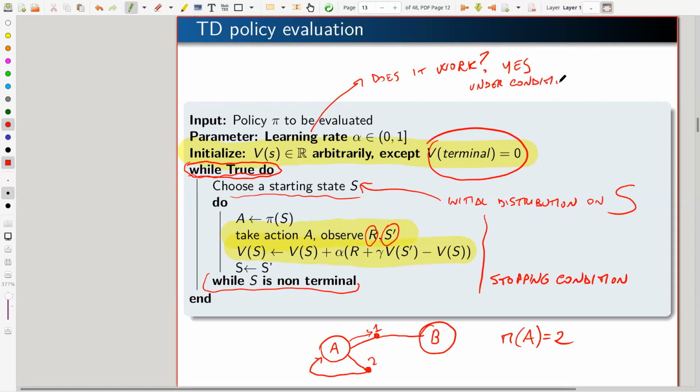I will tell you in the next slides. The fact that this works under certain conditions, and depending on what condition you are using, you have different theorems. The fact that this really works was proved in '94, and the proof is a probability proof that this converges almost surely, with probability 1, to the value function, but only if this learning rate is decreasing.